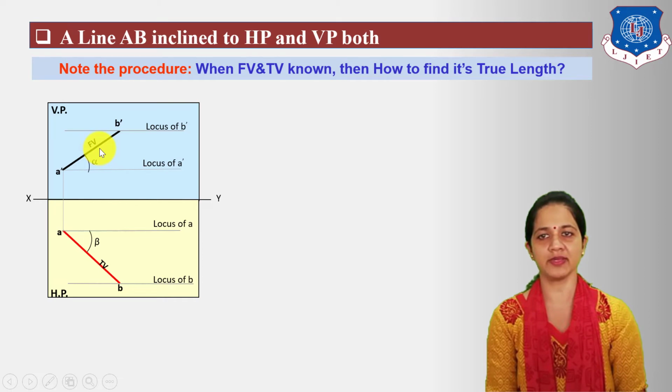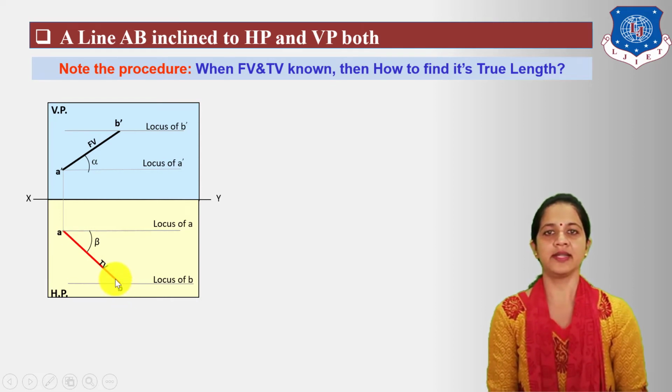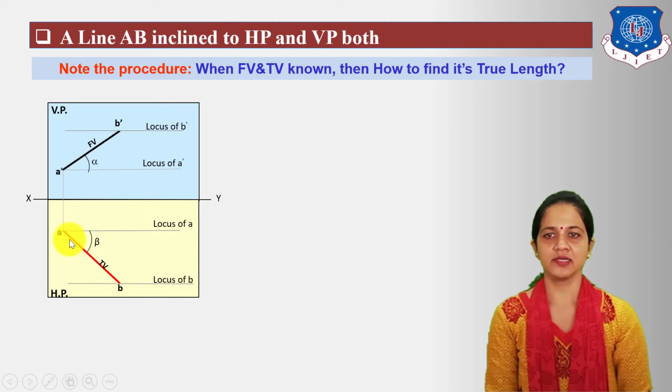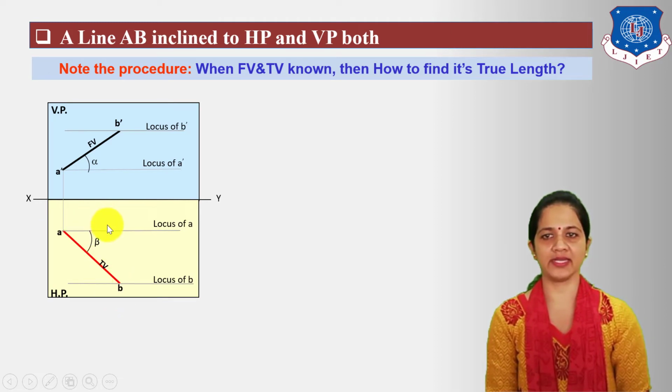Here front view is inclined at an angle alpha and top view is inclined at an angle beta. Alpha and beta are apparent angles, and front view and top view lengths are also apparent lengths. Now for finding true length, rotate the top view line from A point and make it parallel to XY.